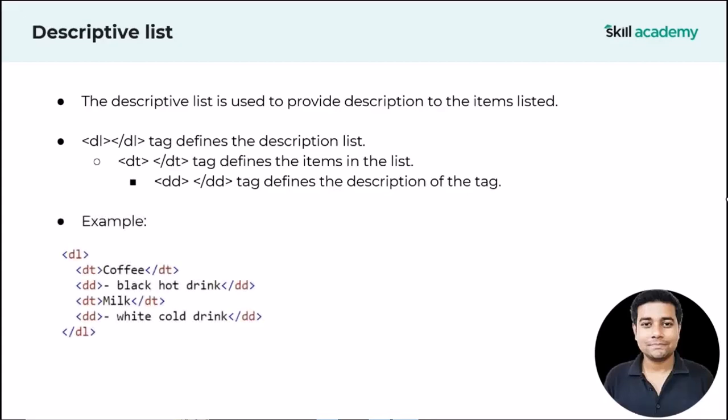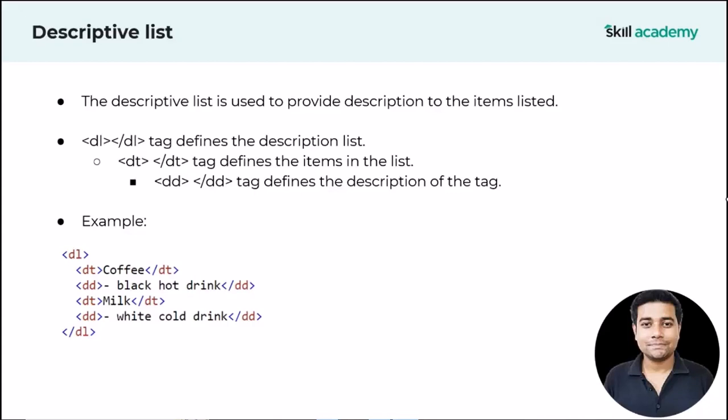Suppose here you need to specify these two items in an HTML page, let's say coffee and milk. But you realize that you need to specify some description as well, what is the purpose of coffee, what is the purpose of milk. So here you can use a descriptive list. Always remember, for a descriptive list you start with the DL tag. Then you use DT, in which you can specify the items of your list.